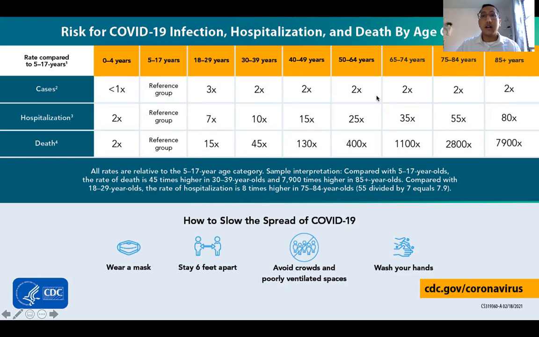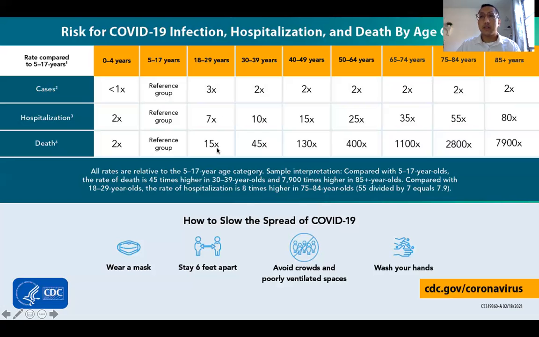as the age goes up, there's an increased risk of hospitalization and death. The case risk stays about the same through these groups, but the severe form and death increase. If we look at, say, 18 to 29-year-olds, for hospitalization and death, it's a 7 to 15 times increase.